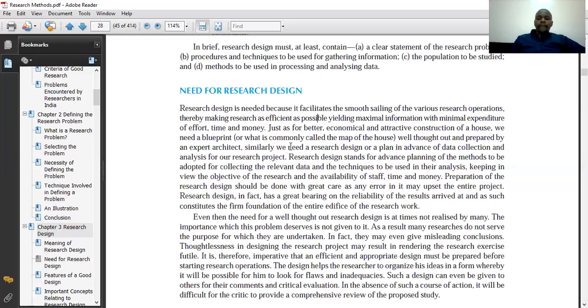The other thing is that a research design also makes it possible for a research to bear more accurate results. Why?